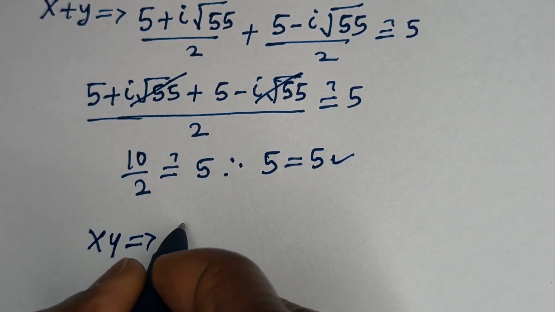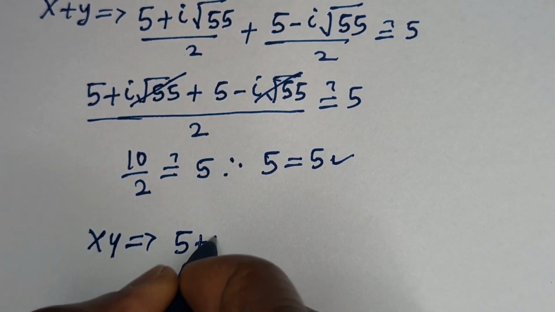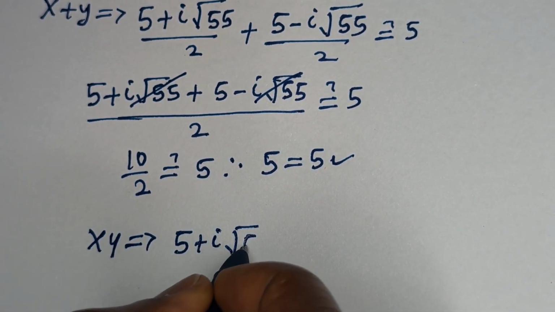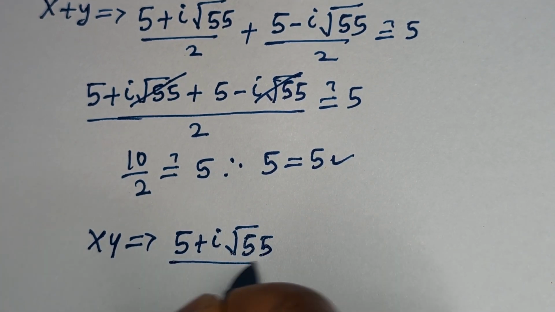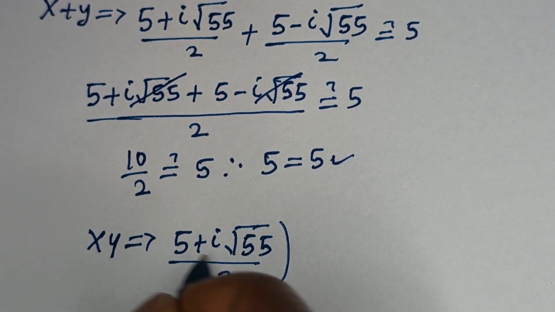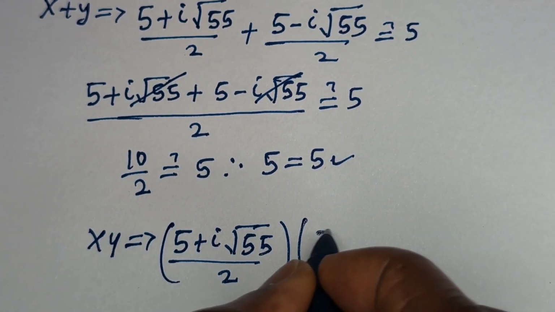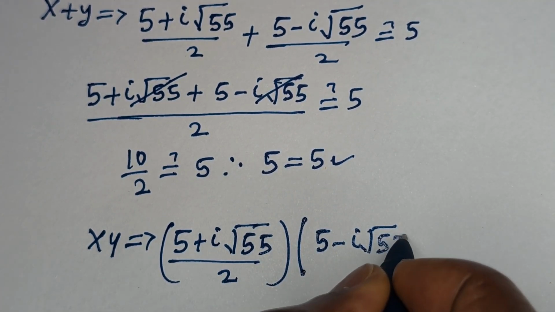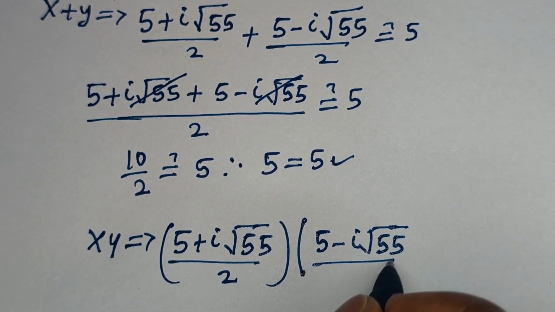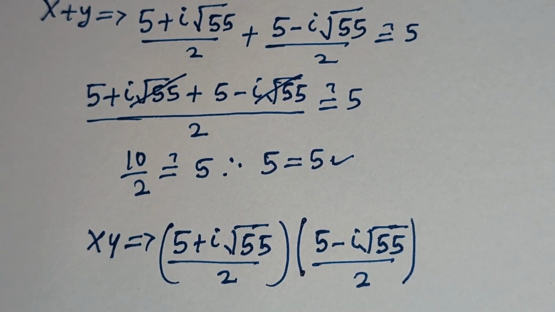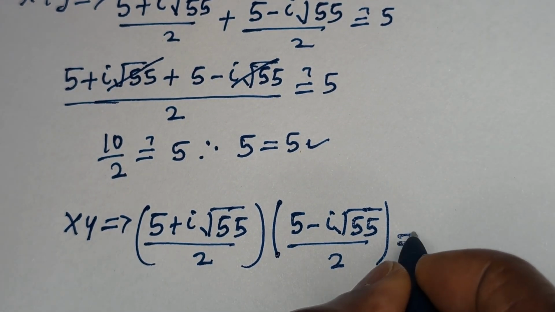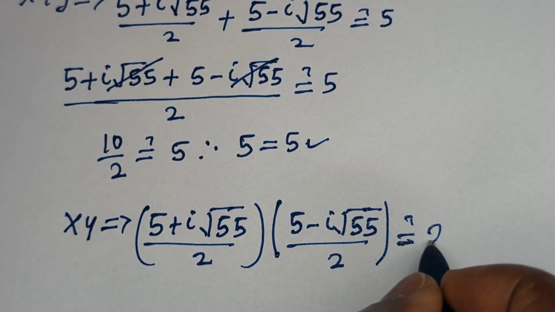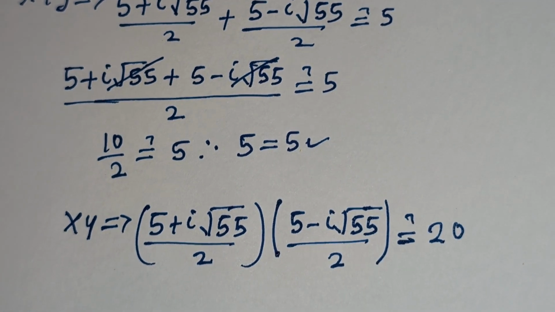Now, let us consider this. xy, this is 5 plus i square root of 55 over 2 multiplied by 5 minus i square root of 55 over 2 must be equal to 20.